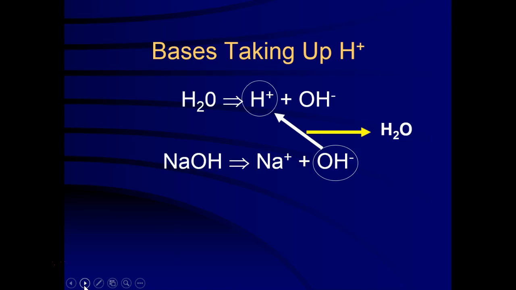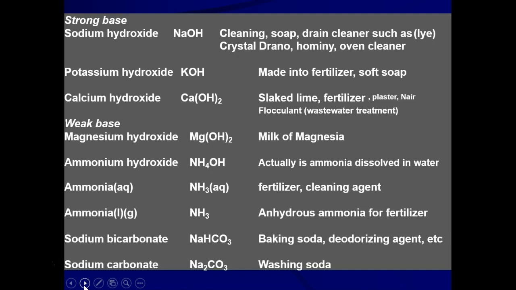And of course, like anything, we have strong bases and weak bases. And here's just a couple of examples to show you. Now, most people are familiar with acids, but not as familiar with bases. The first one we've talked about before is sodium hydroxide.